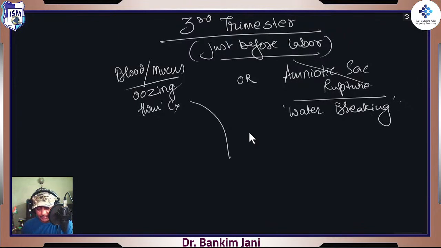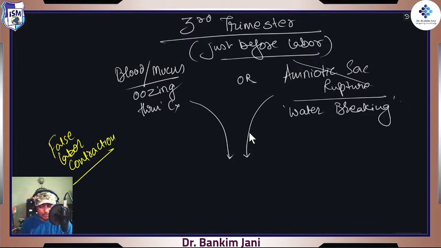And till that point, whatsoever was happening, they were all called false labor contractions, right? It means it's not so that the female is unnecessarily shouting. No, false labor contractions are like that, still there is no onset of parturition.